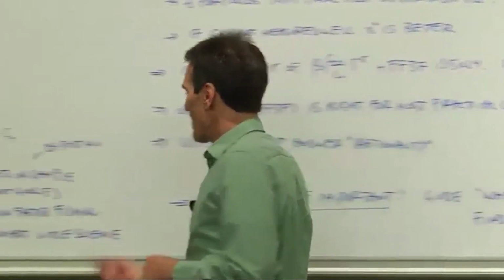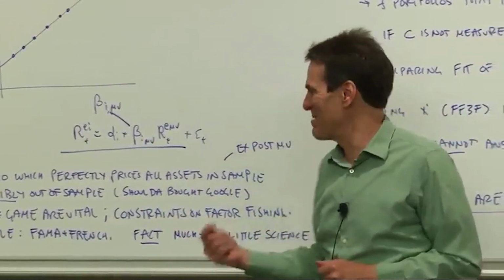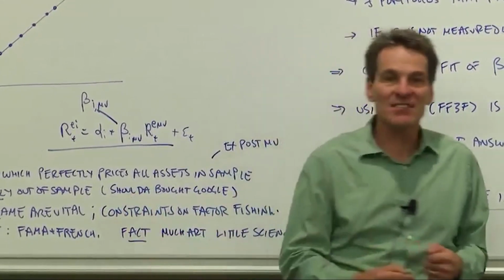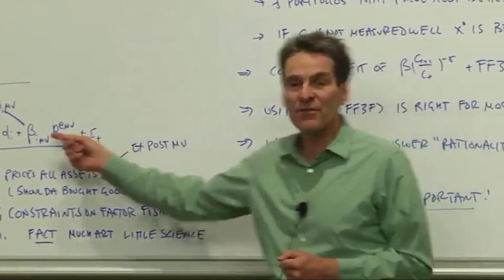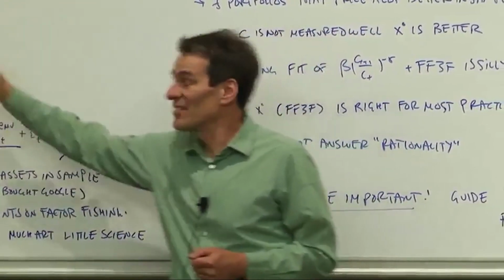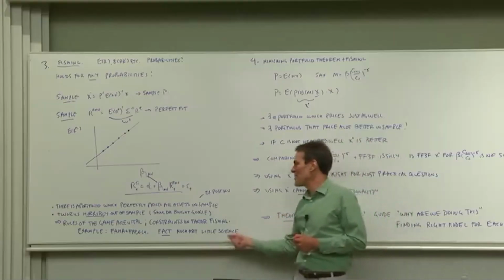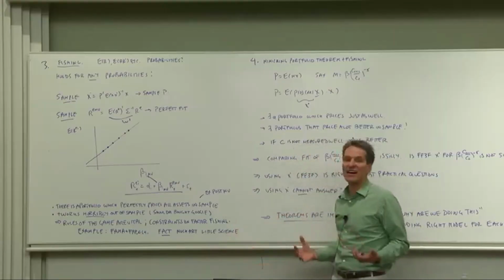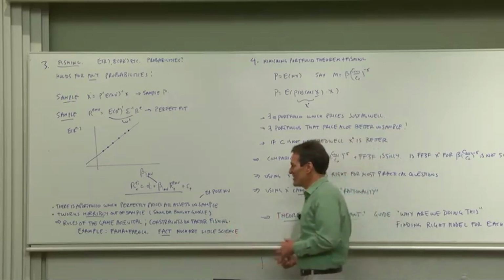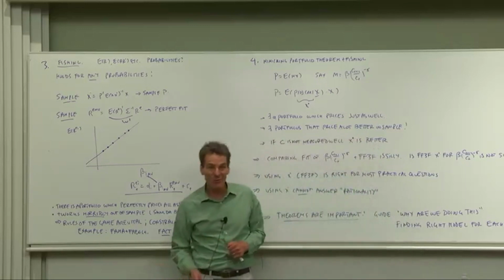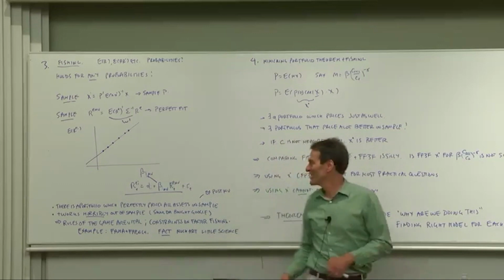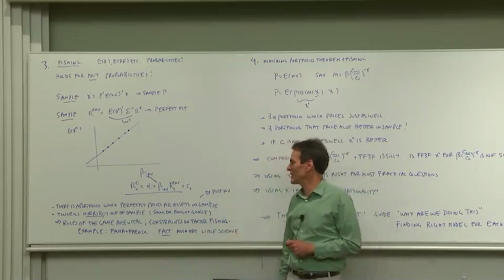Well, by whatever rules of the game we impose in order to keep us from fishing around and finding this portfolio. If you fish around long enough, there's a perfect fish in that sample. So the rules of the game for empirical asset pricing are the entire content. And I wish I could tell you there was a lot of science in those rules of the game. There's a lot of art, but that art is in fact extremely important.